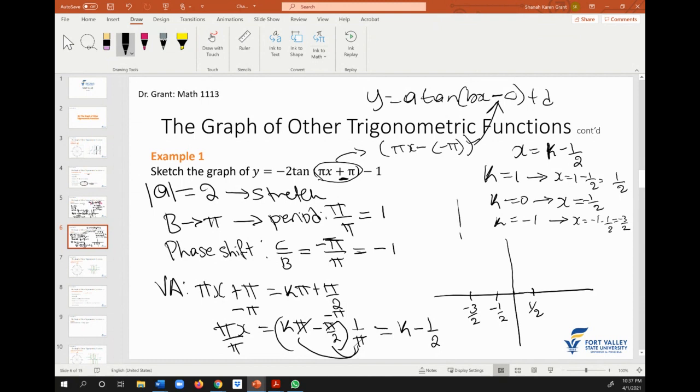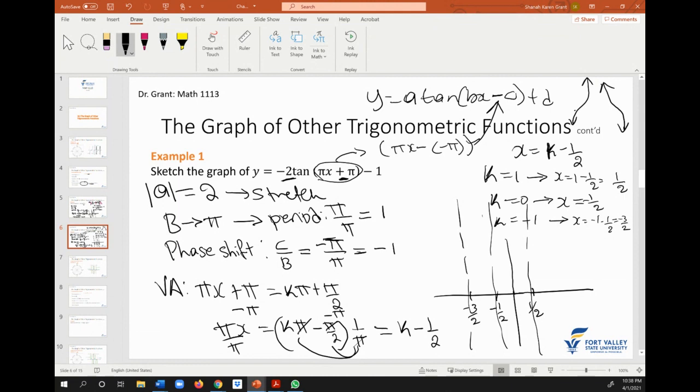Okay, so these are my vertical asymptotes. x equals all of this. And so what you also want to note is that this is a -2, which means we're going to have a reflection about the x-axis. So instead of looking at the regular tan, it's actually going to be flipped and look like this.